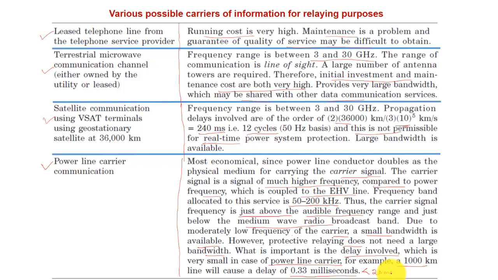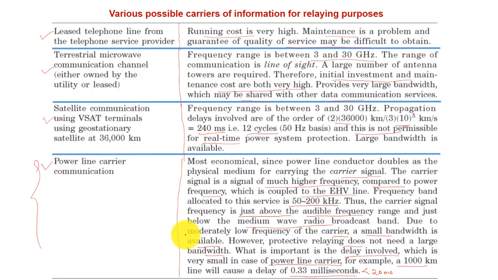Therefore, this is the most suitable channel, because we do not need a high bandwidth, as we have a very small volume of information to transmit, and the delay is very small as compared to terrestrial microwave, satellite communication, leased lines and telephone lines.